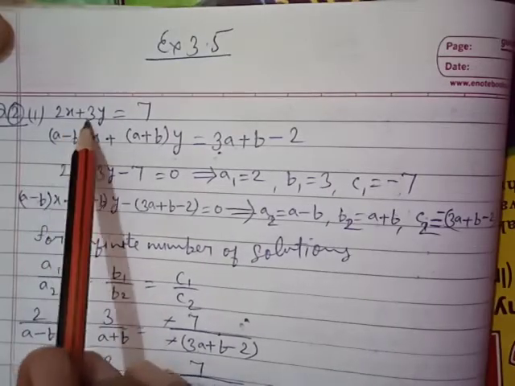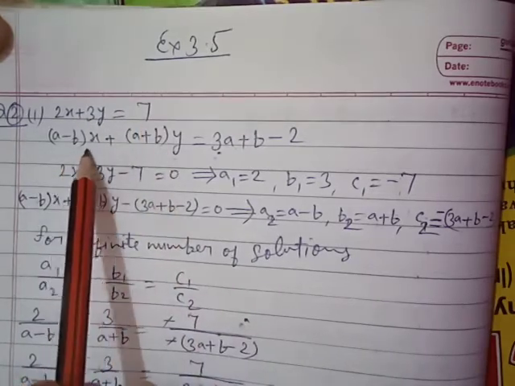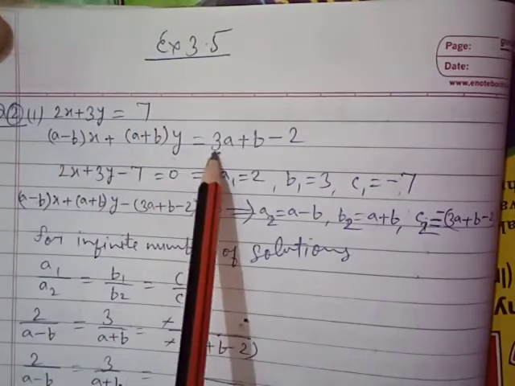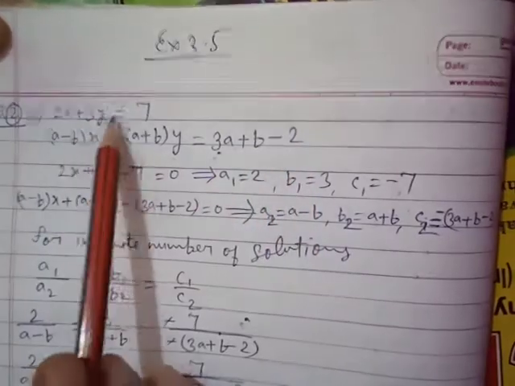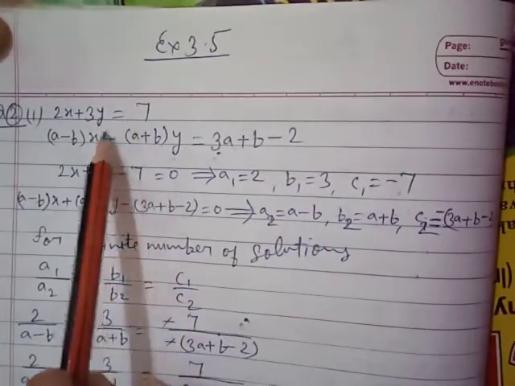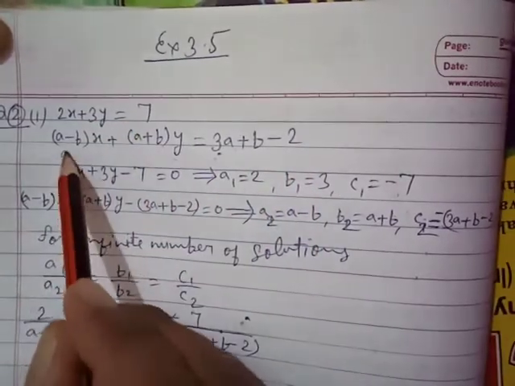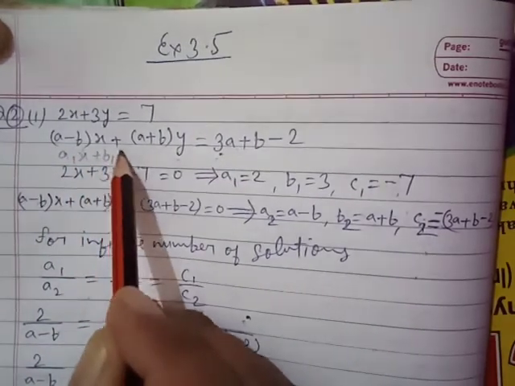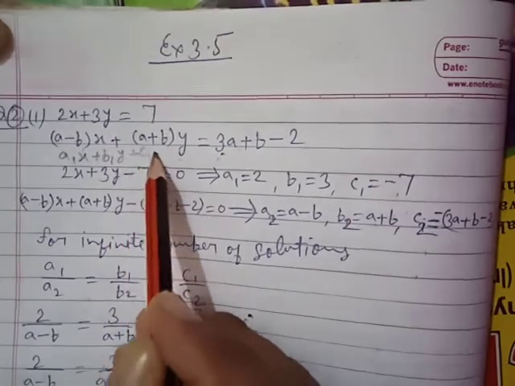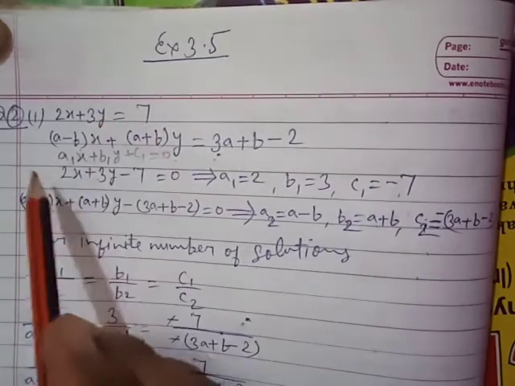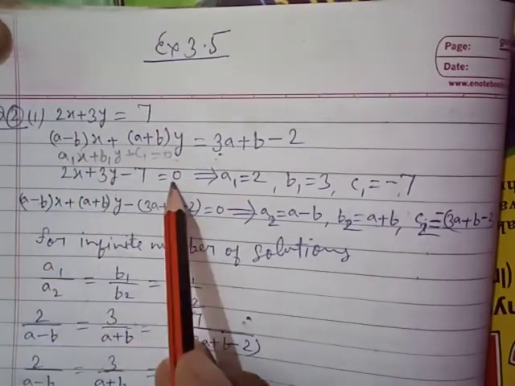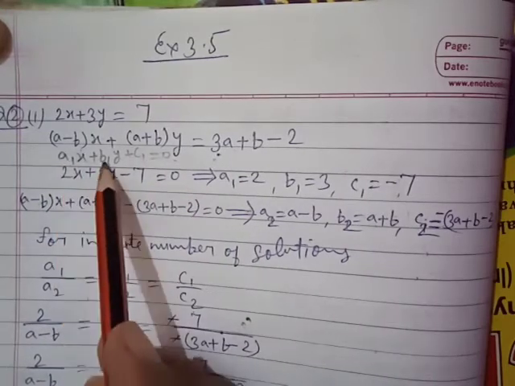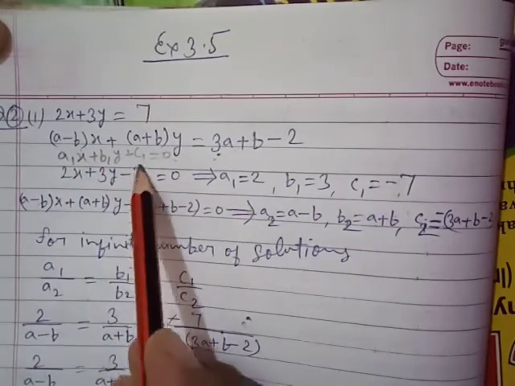Change this equation in the form a1x plus b1y plus c1 equal to 0. So shift 7 this side: 2x plus 3y minus 7 equal to 0. So a1 is 2, b1 is 3 and c1 is minus 7.